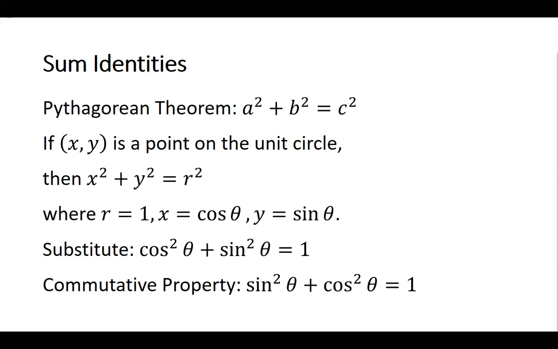The other two, not as intuitive just to look at them, but as long as we remember that they are based on the Pythagorean theorem, and that using the Pythagorean theorem in a unit circle, we get sine squared theta plus cosine squared theta is equal to 1. Now we can find those other ones relatively simply.